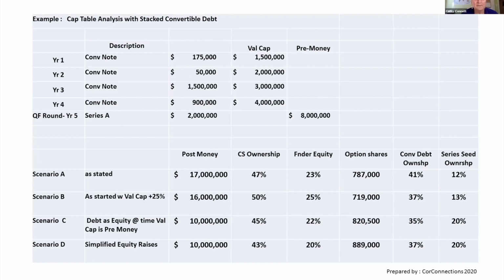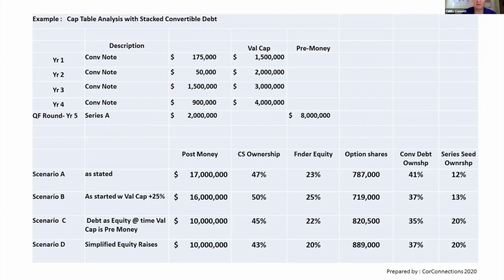So the first scenario: at the time that the Series A was raised, all of the convertible notes converted. And again, they had all extended maturity, so there was no situation here where the notes had to convert prior to the raise.